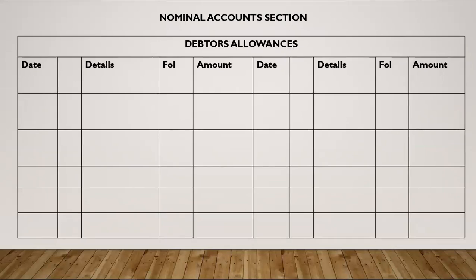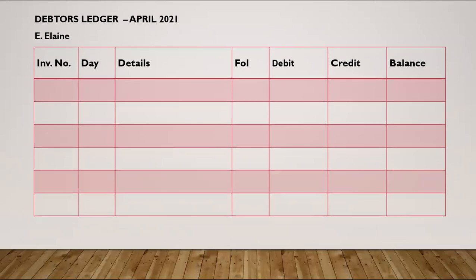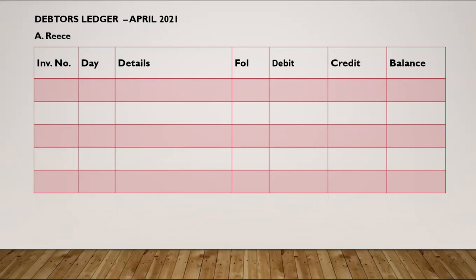This will be the balance for debtors allowances. Okay, I'll do that later. Then you have Kendrick Lamar's debtors ledger account, and then you will have Elaine, Aries, and the debtors list.